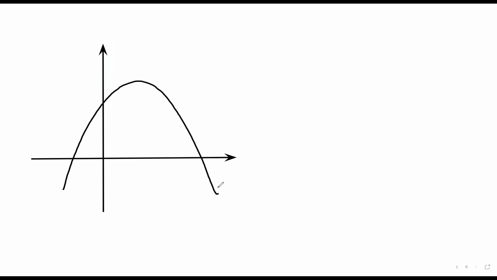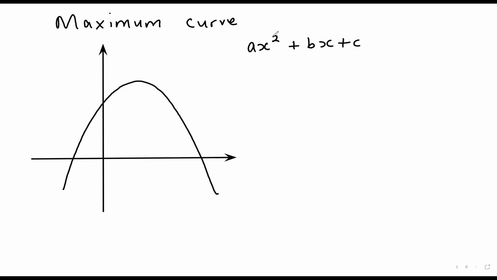And on your maximum curve, the reason it's a maximum curve is because it has a maximum point. In a maximum curve, for a general quadratic ax squared plus bx plus c, the a value is negative. So a is less than 0.